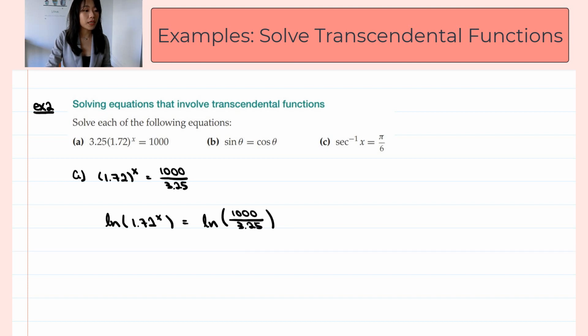Then I use a property. I can bring this exponent in front of ln. So I get x times ln of 1.72, and this equals ln of 1000 divided by 3.25.